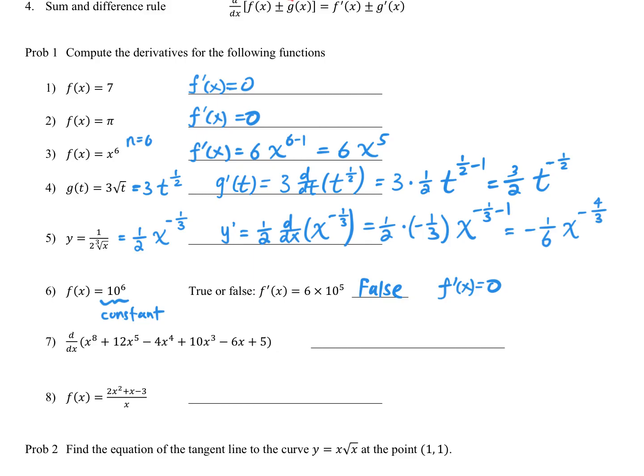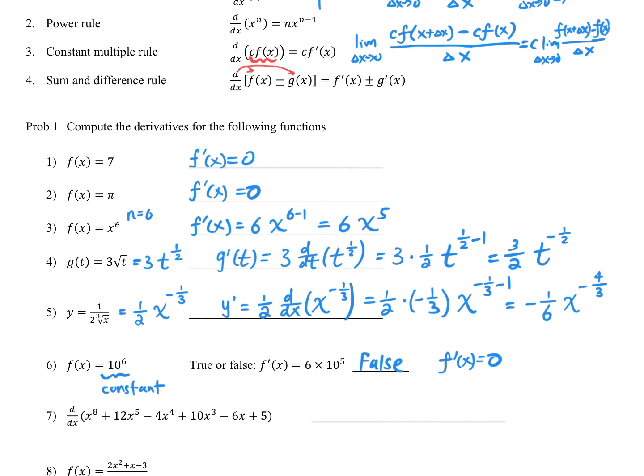Now, next, let's take a look at number 7. We have a polynomial here, and we are going to find the derivative. In this case, we are going to use the sum and difference rule. Basically, we just find the derivative of each individual term inside the parentheses here.